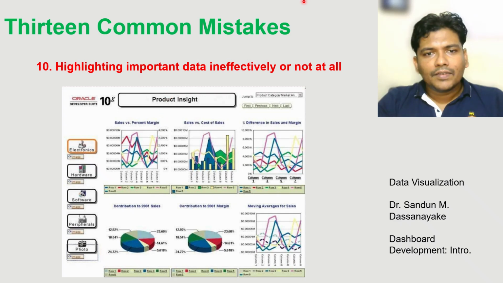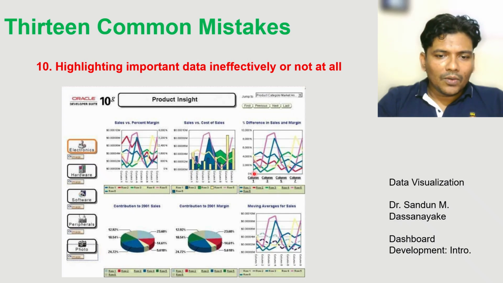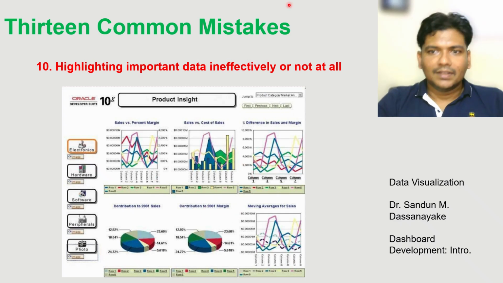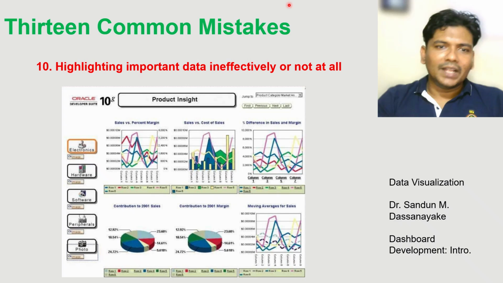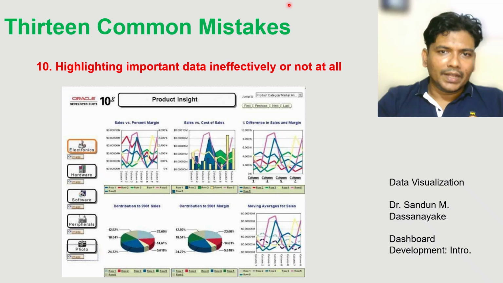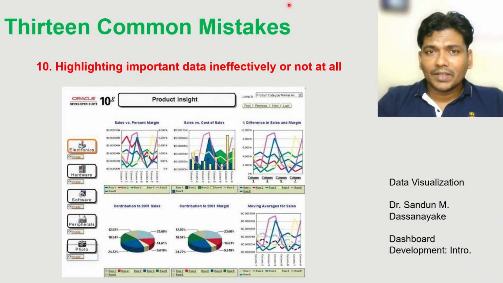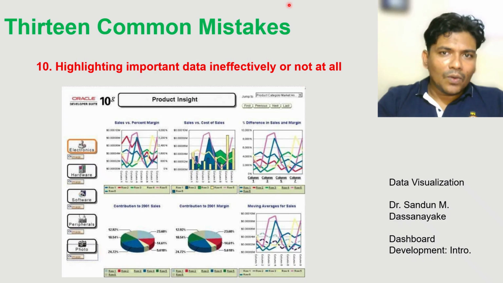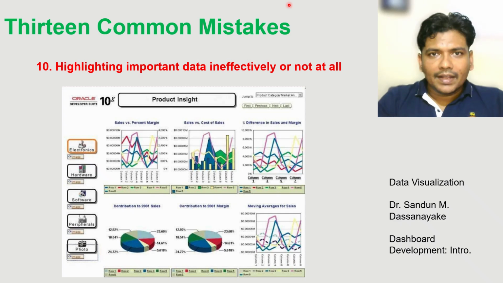The graphs where the data is shown are all equally bold and colorful, which makes everything blend together and leaves you unsure where to look. Everything on a dashboard matters, but not everything is equally important. That is very important. Not equally important. The viewer's eyes should always be guided to the most important information first.